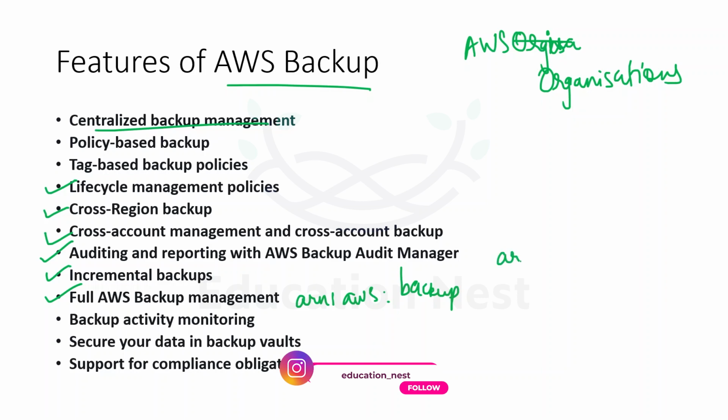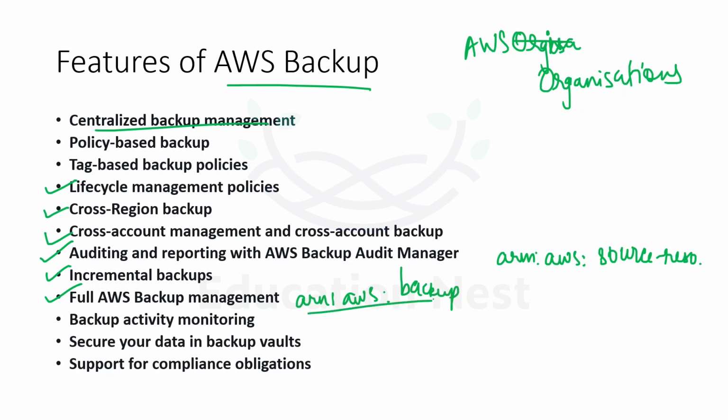It will not be like arn:aws and the source resource. It will be like this. So if you want to attach different access policies using IAM to your backups, for giving privileges to users to these backups, then you can create separate policies for that.